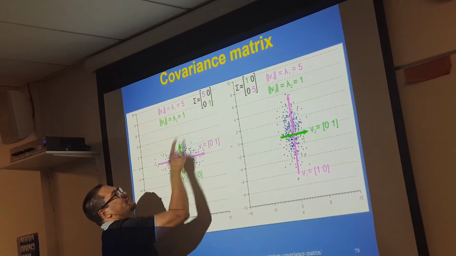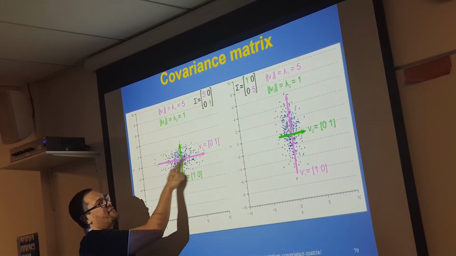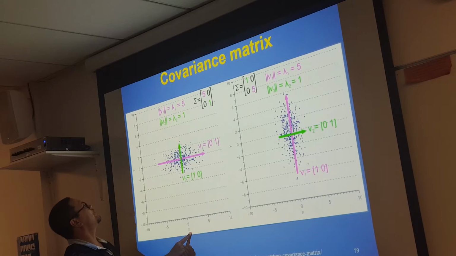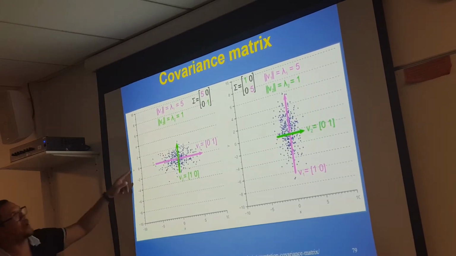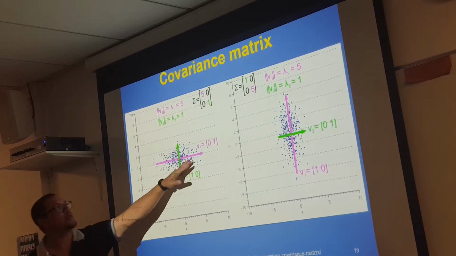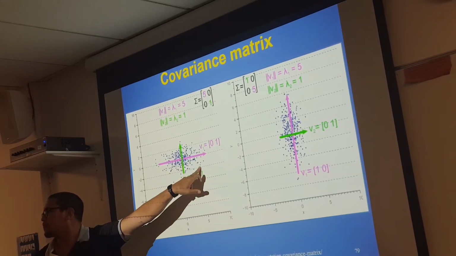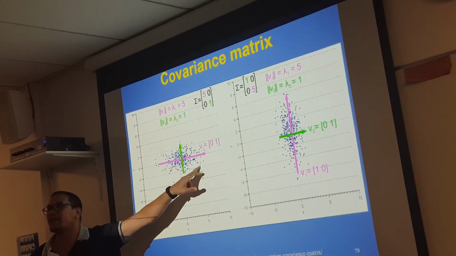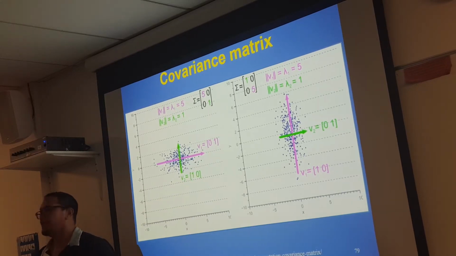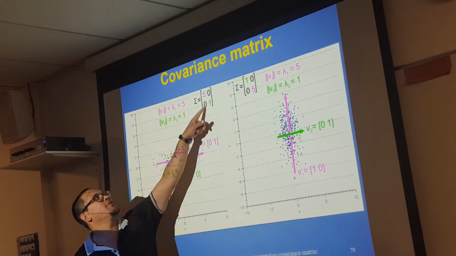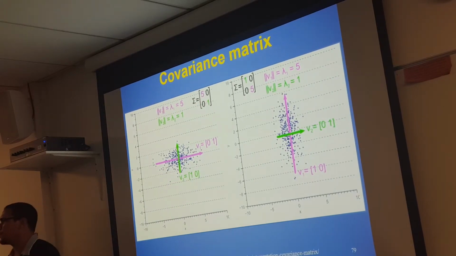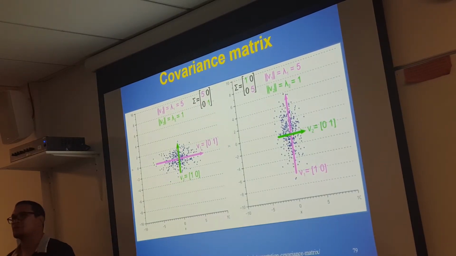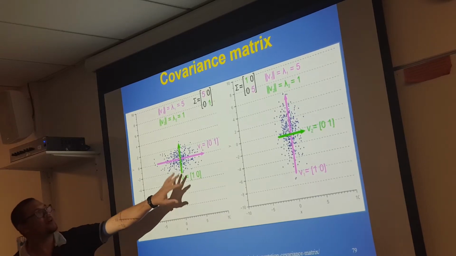This 5 means that the variance is 5 for x, and the variance is only 1 for y here. Is there any covariance between these? As x increases, does y increase? Not particularly. In fact, I know according to my model that there is no relationship between the two. So that's what my covariance matrix would look like for this sort of data cloud.